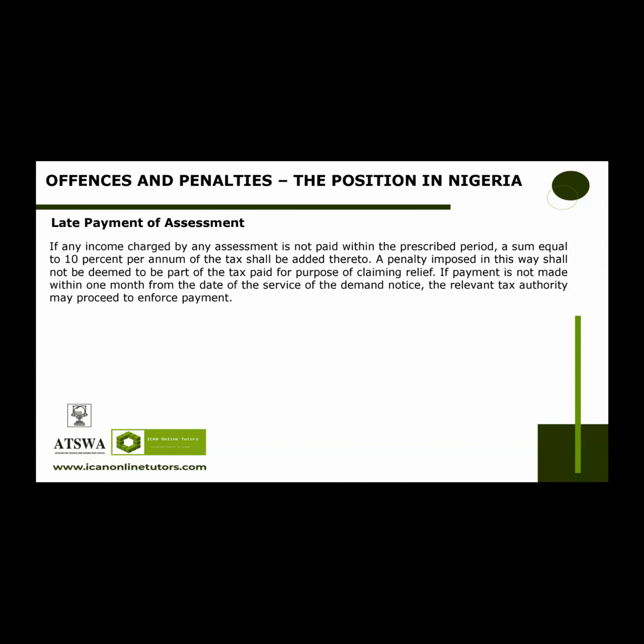We have offenses and penalties, the position in Nigeria. In Nigeria, income tax charged based on an assessment which is not or has been the subject of an objection or appeal shall be payable after the deduction of any amount to be set out for the purposes of collection or any amount deposited against the tax at the place stated in the notice of assessment within 2 months after the date of service of that notice.